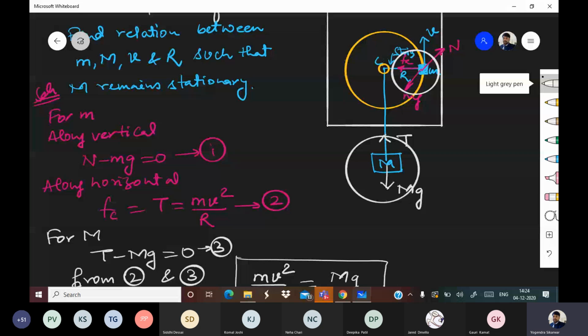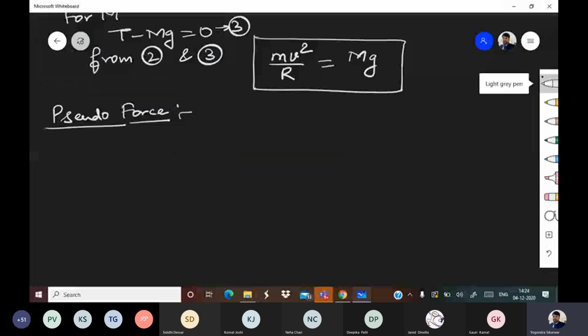Pseudo force. But before understanding this, let me tell you one story. So long ago, when people around the world were suffering, science was not much developed.